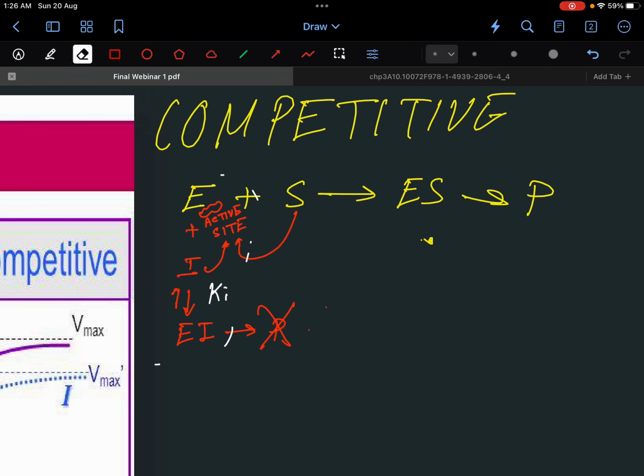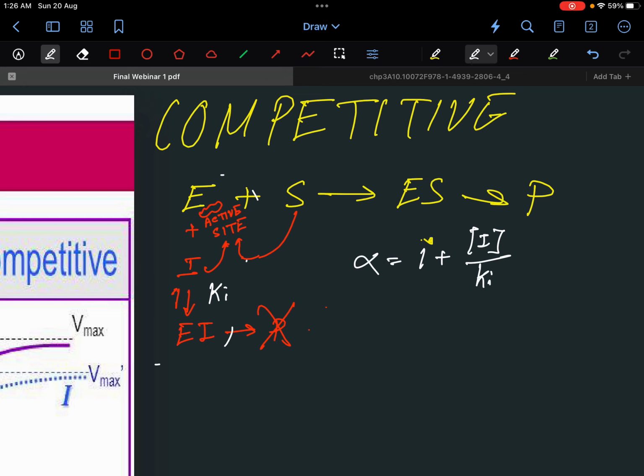What is Ki? And there is another term, alpha, that you need to remember. Alpha is equal to 1 plus the concentration of I divided by Ki.